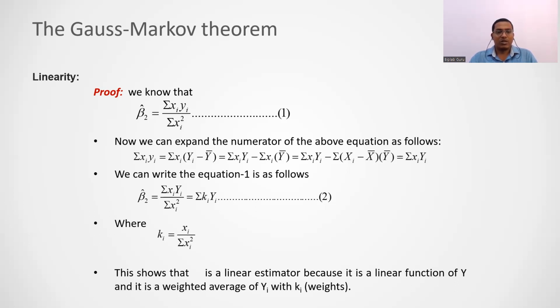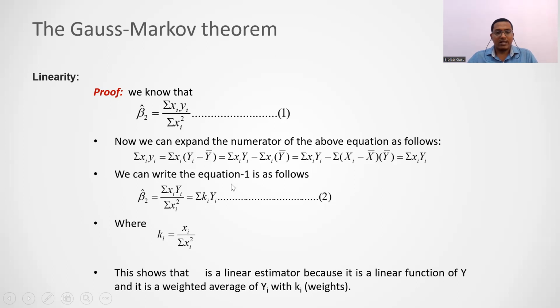Now, we expand the numerator of the above equation, in place of small yi, that is in deviation form, which is capital Yi minus Y bar, and multiply the sum xi into the terms within the bracket and rearrange the terms. Then we arrive at summation xi small yi equal to summation xi capital Yi.